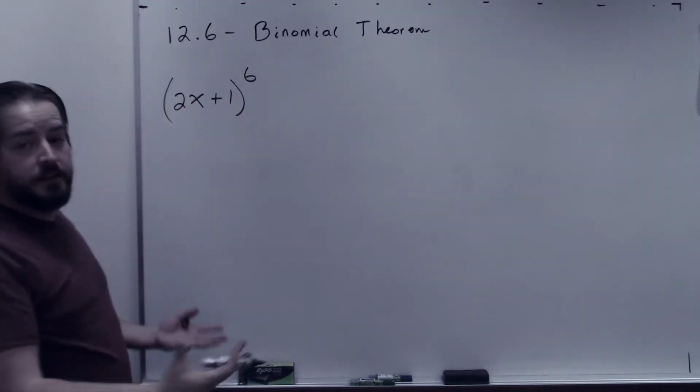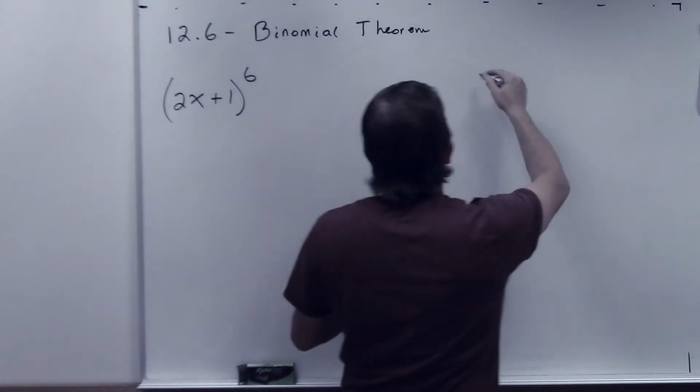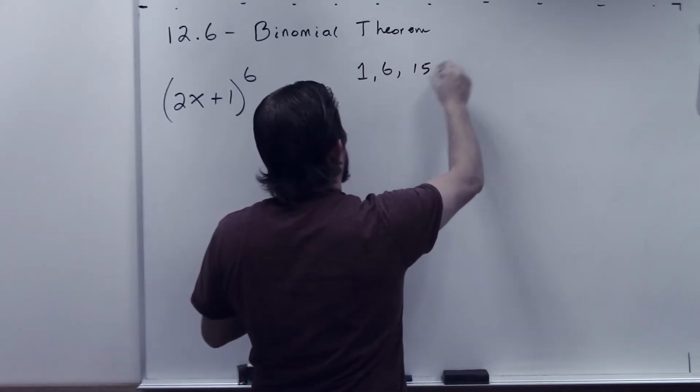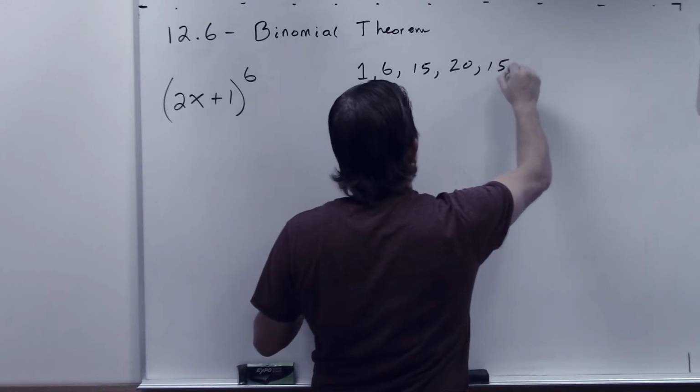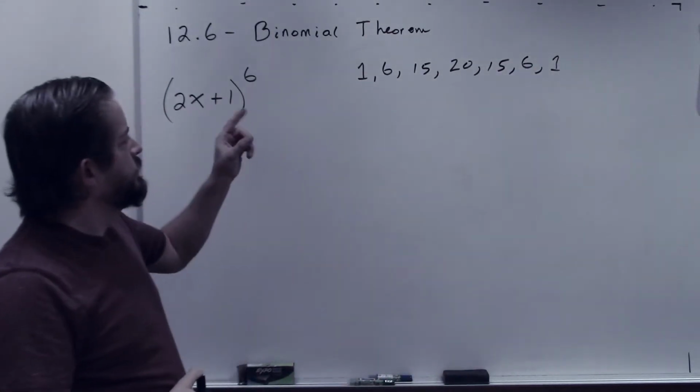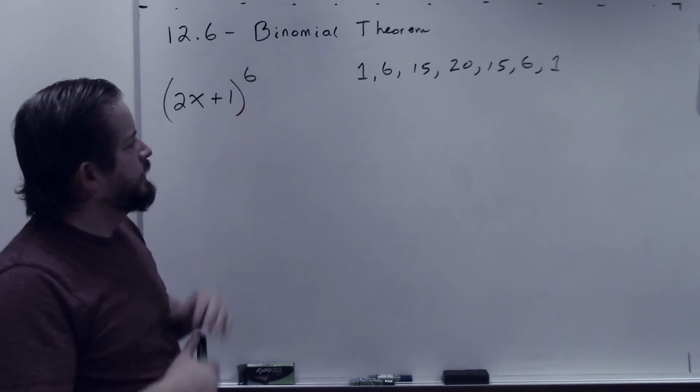And so in fact I can still use those same numbers. They were 1, 6, I want to say 15, 20, 15, 6, and 1. I might be wrong. I think I'm not though.